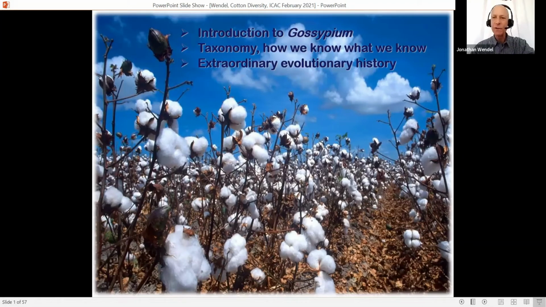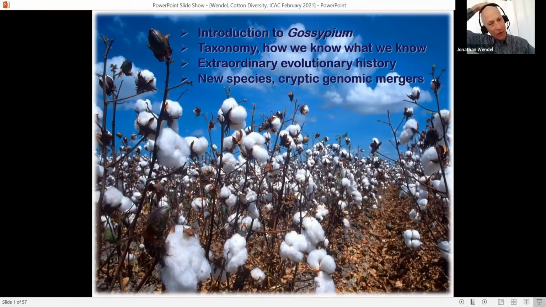It's truly one involving multiple transoceanic voyages, chance meetings between species who have no business interacting with each other, but they do, and then they hybridize, and then new things pop out of that. Extraordinary genomic mergers. I'm going to talk about the whole genus today.